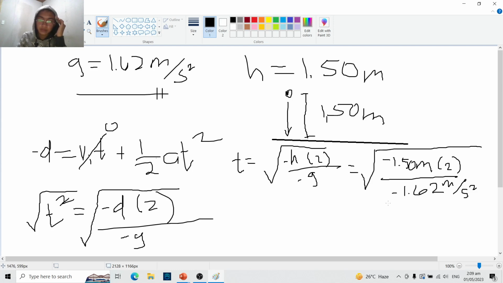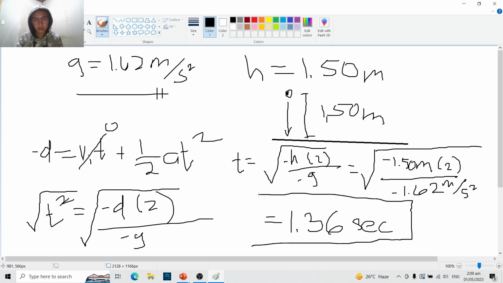If your final answer is 1.36 seconds, then you get the right answer. Again, the final answer is 1.36 seconds.